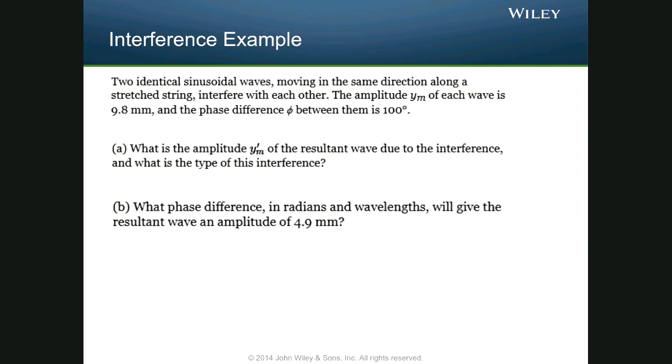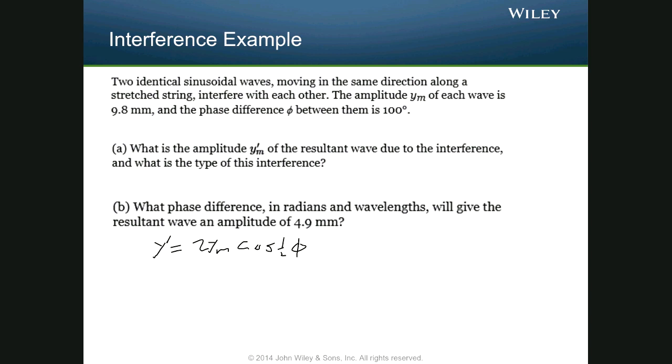Now, it asks what phase difference in radians and wavelengths will give the resultant wave an amplitude of 4.9 millimeters. So again, we have a displacement equal to 2ym, right, which hasn't changed, times cosine of 1/2 phi.